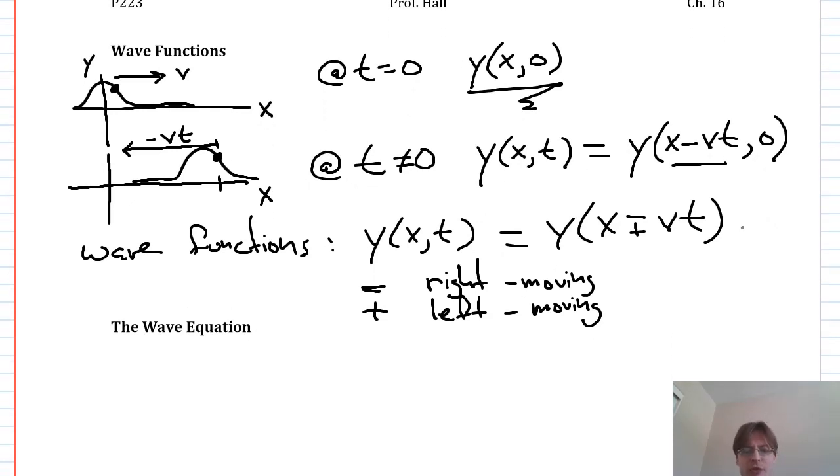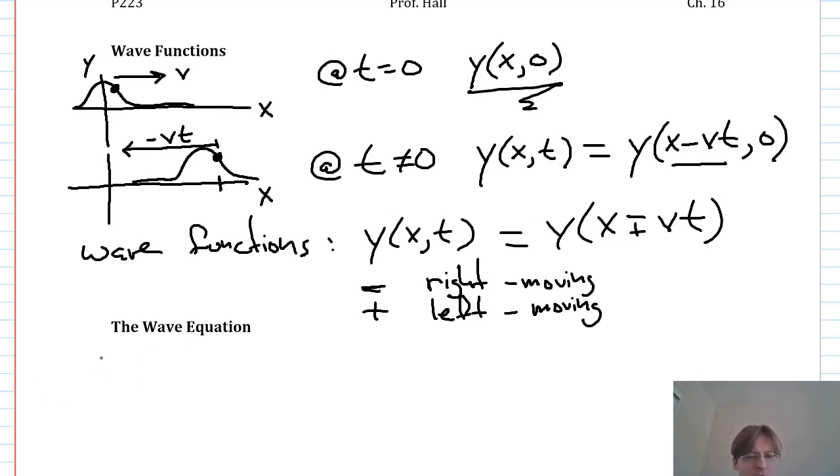Okay, so that's how wave functions look. They depend on the combination x minus or plus vt. Now we can also see that since they involve x and t in that way, wave functions obey a special equation. I don't mean the equation is of this form, I mean they obey a certain equation. It's called the wave equation. This is a wave function.